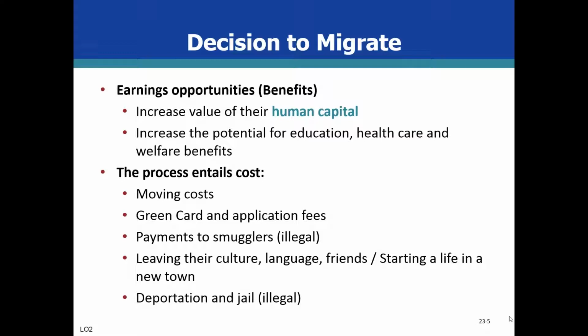In doing so, they increase the value of their own personal human capital. Many times, these are also people who have basically no employment opportunity in their country, even if they have significant skills.